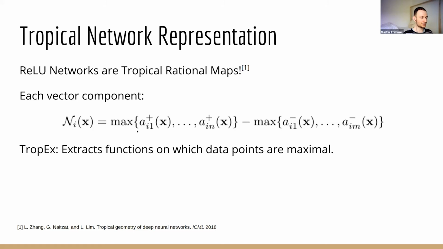So this complete expression here for a network has more terms than atoms in the universe. And the derivation of the TropX algorithm relies heavily on the use of tropical algebra.